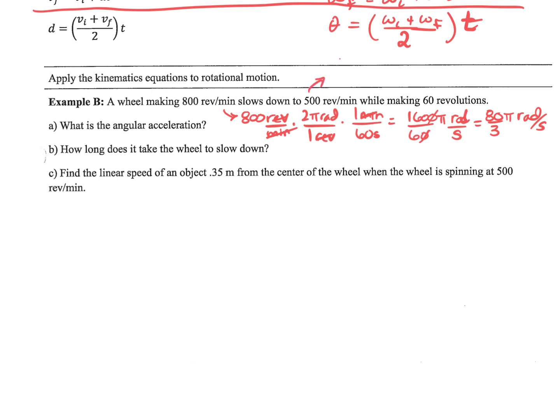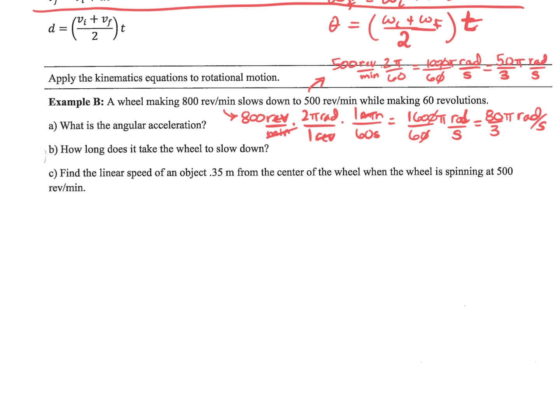Let's do the 500. Same thing, right? 500 revolutions per minute. So we're going to end up multiplying by 2 pi and dividing by 60. So we get 1,000 pi over 60 radians per second, which is, drop a 0, divide by 2, 50 pi over 3 radians per second.